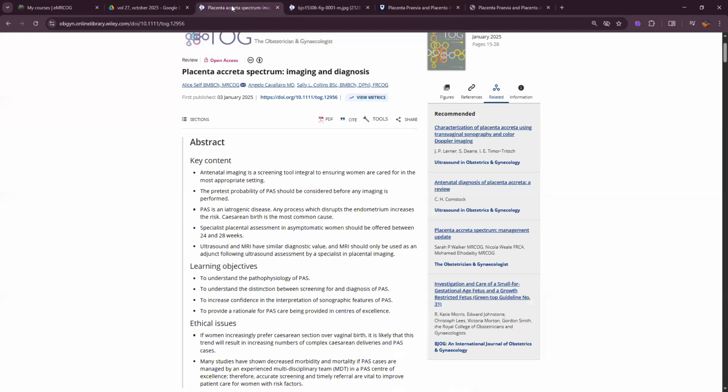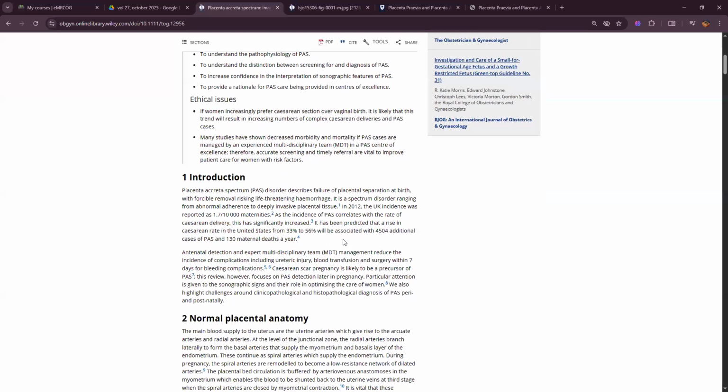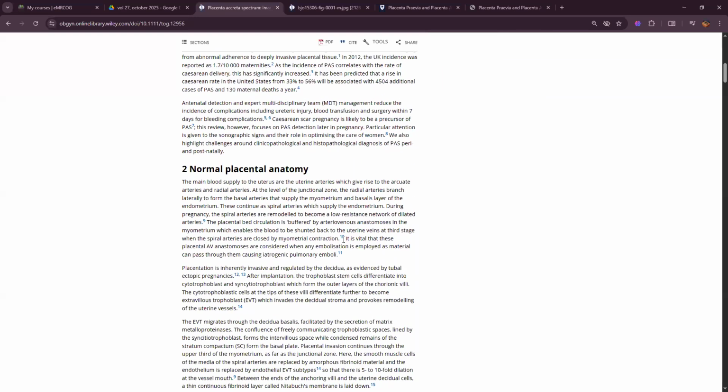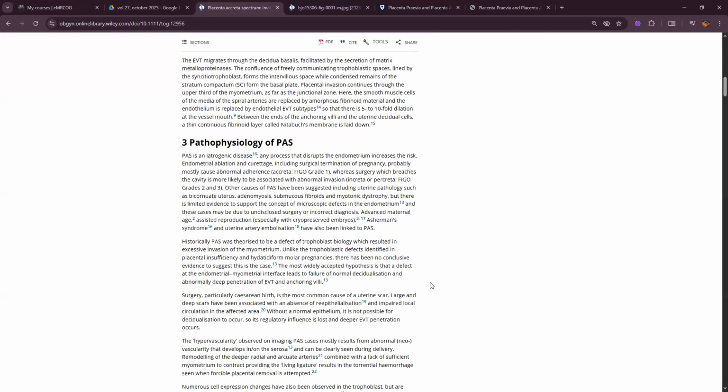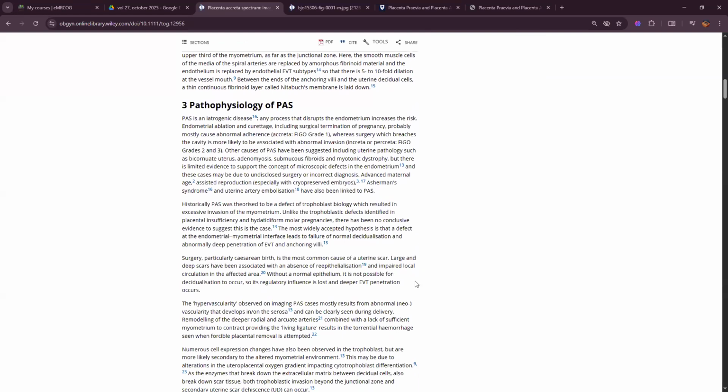So here we are. What would be the questions for part two? For part two, of course, the same basic questions can appear to you. Whether bringing you a picture or telling you through a scenario, for example, you are having deep penetration of the villi up to the myometrium or up to the serosa.